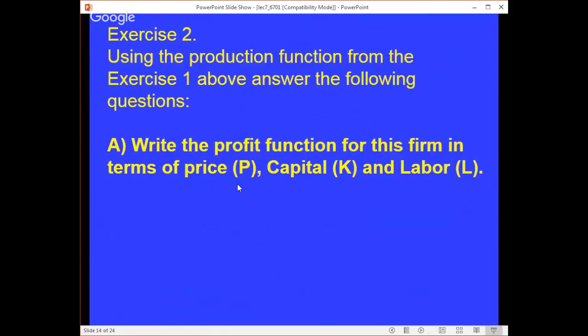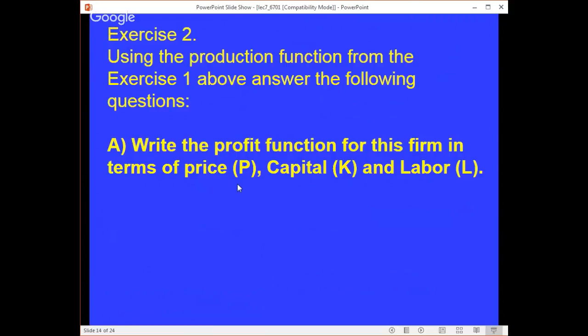The second exercise, for example, today, is the first thing I want to do is using the production function from 1, which is just Q equals K to the 0.5, L to the 0.5. That's a production function. I want to write a profit function for this firm in terms of price, capital, and labor.